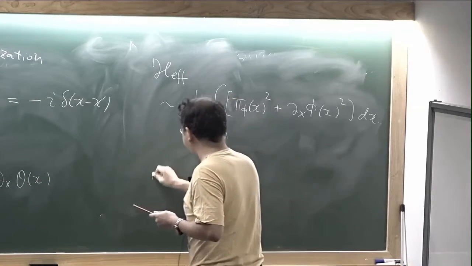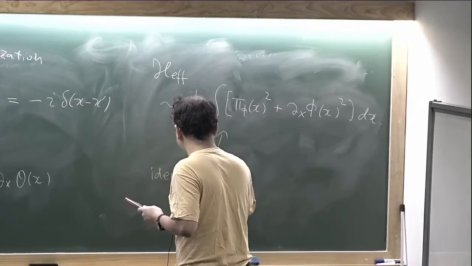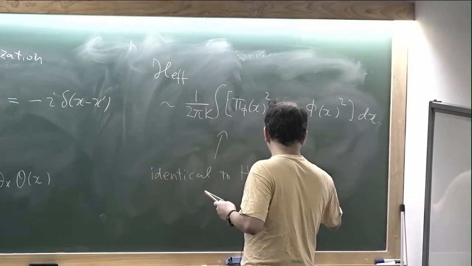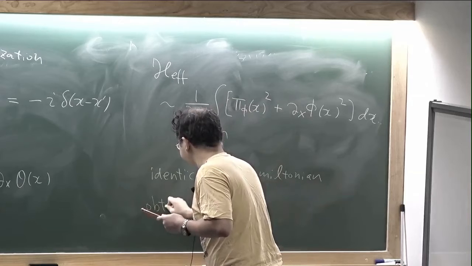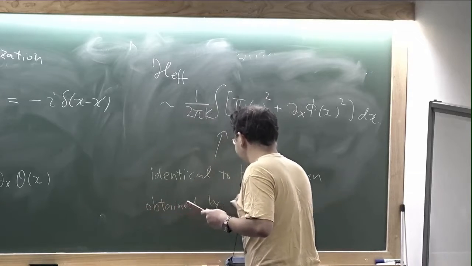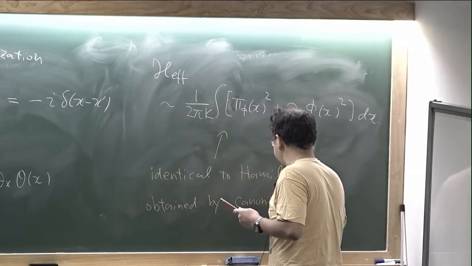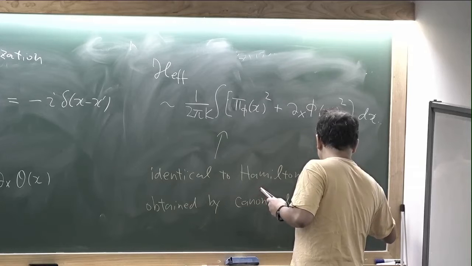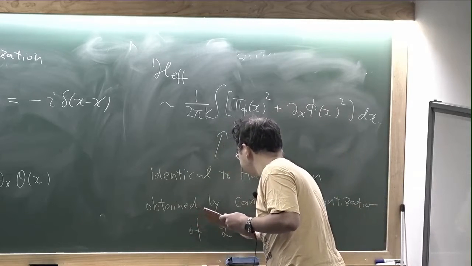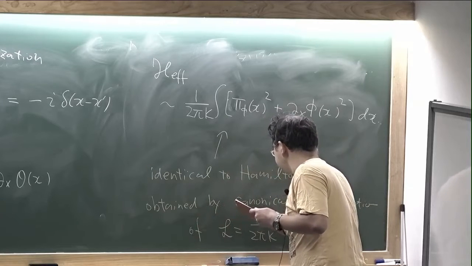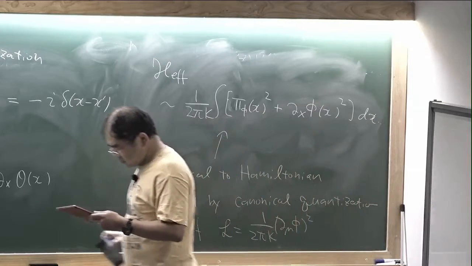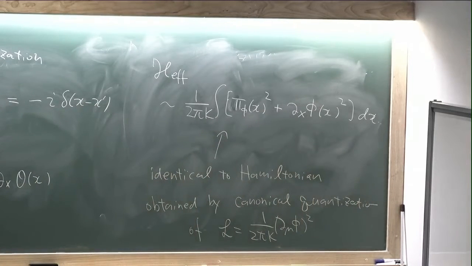So you obtain the same Hamiltonian as you obtain from canonical quantization of free boson field theory.